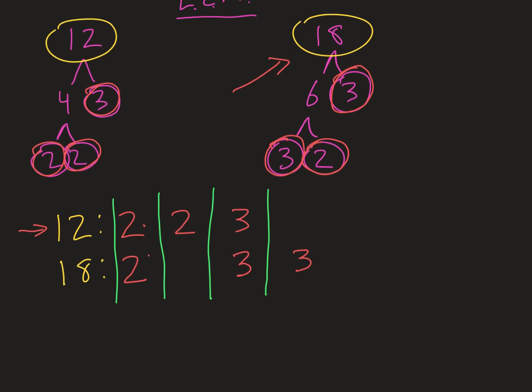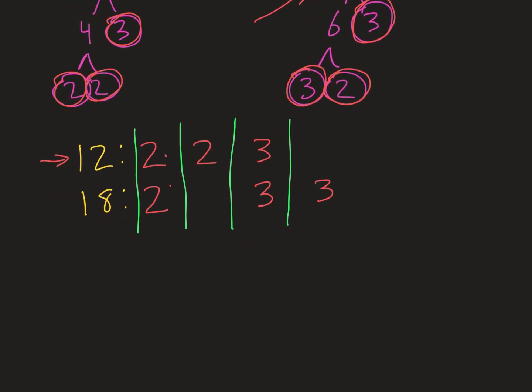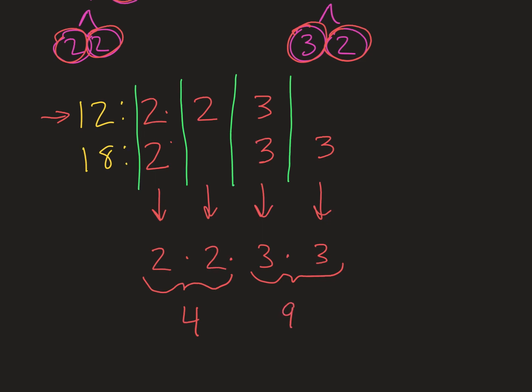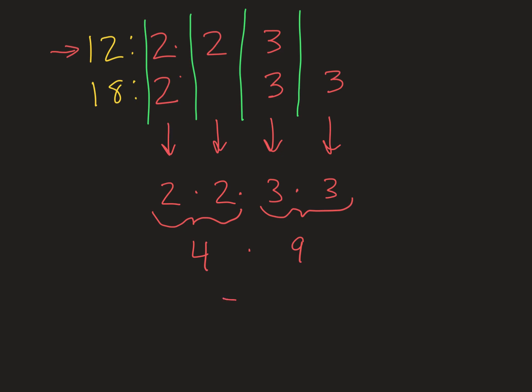Now I'm going to take one of the numbers from each column. Just the 2 there, just one of them, the 2 there, write down the 3, and write down the 3. Then I multiply these. 2 times 2 is 4. 3 times 3 is 9. 9 times 4 equals 36.